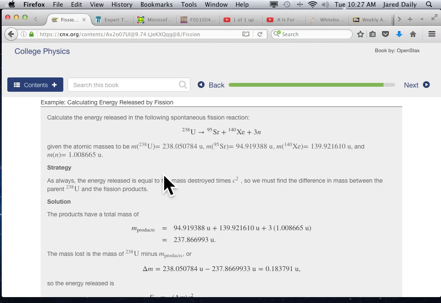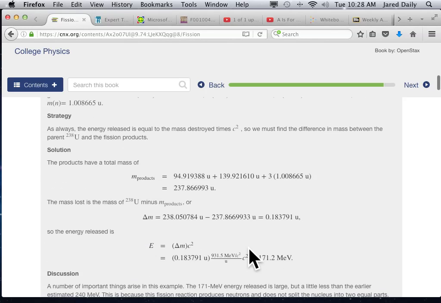And the loss is in the energy that's released. So it ends up being 0.183791 units of mass lost, or this is called the mass defect. And to calculate the amount of pure energy that's released, that pure energy can be in the form of gamma rays or heat or blast or pressure expansion or whatever else. But that energy that's released is measured by E equals mc squared.